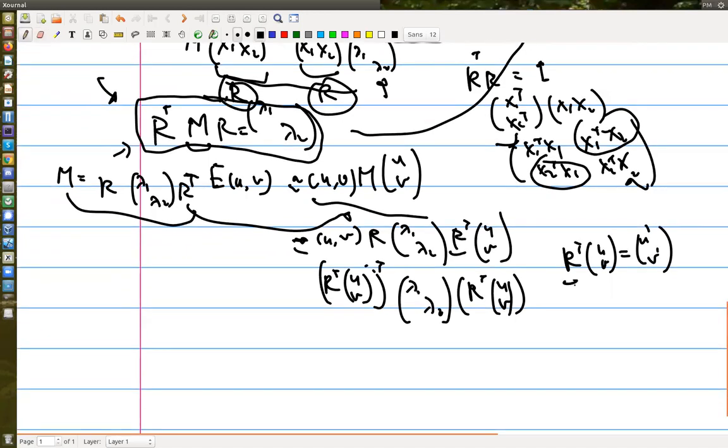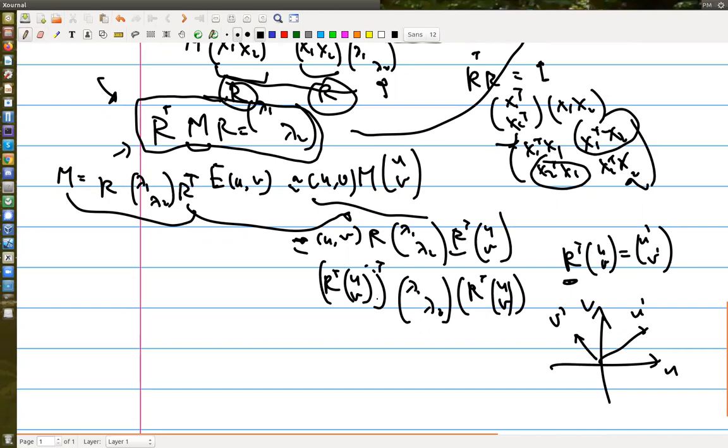And note that this is actually just a rotation. It's like I have a UV axis originally, like this. Now I rotate a bit into u' v' here. I have u' v', my new rotated axis.